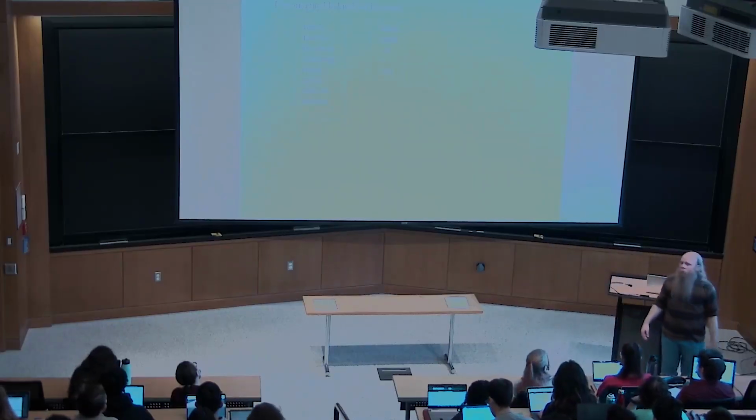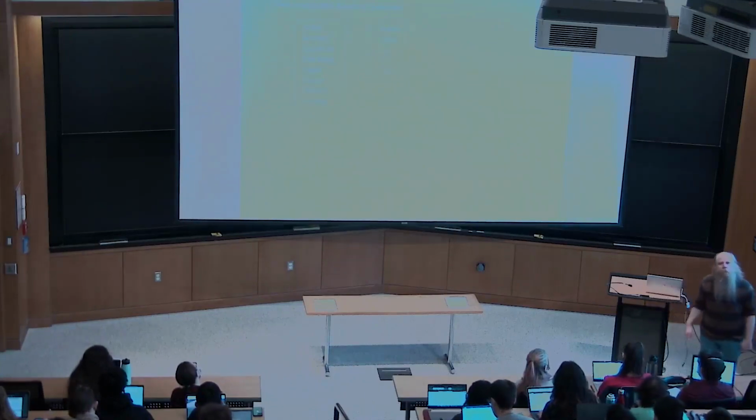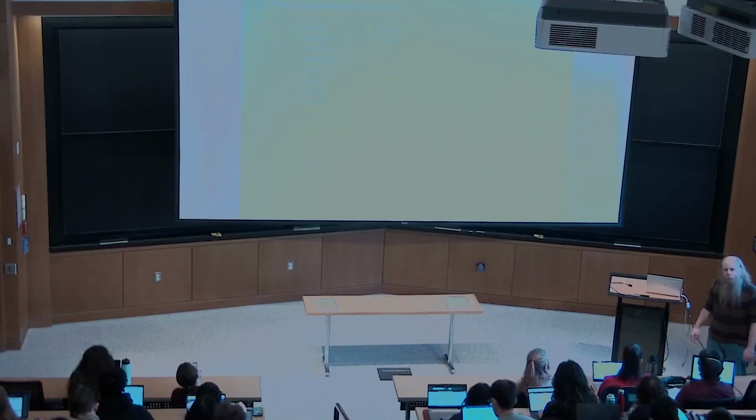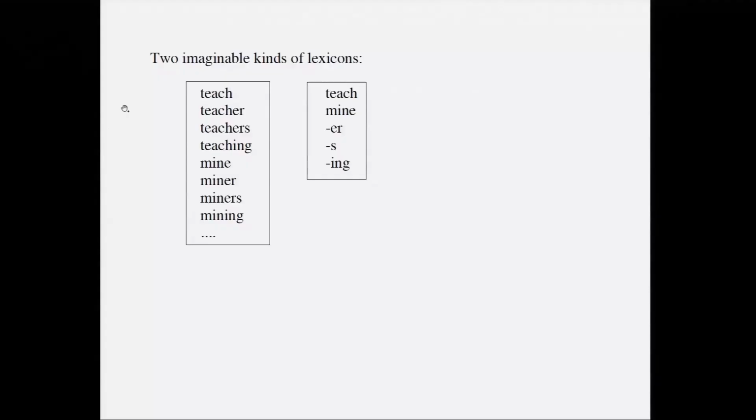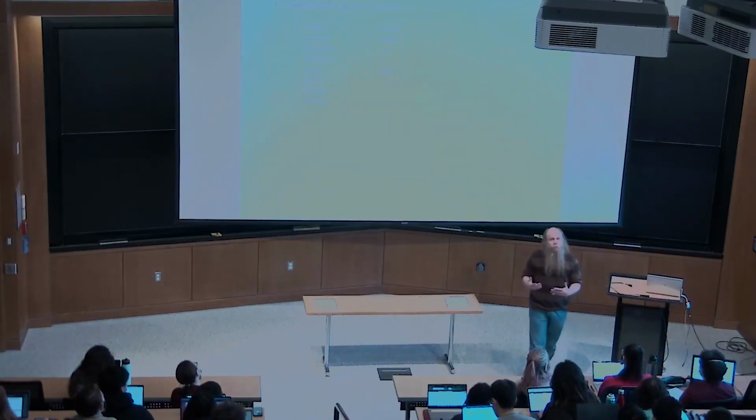If you look at an actual dictionary, that's the kind of lexicon you're probably used to seeing. But we've been fooling with the idea that your mental lexicon is not organized that way. What your mental lexicon has in it is morphemes. So it has teach and mine, and suffixes like -er and -ing, and rules for how morphemes can be combined with each other and what the result is. That's the kind of model of how language is put together that we've been playing around with.